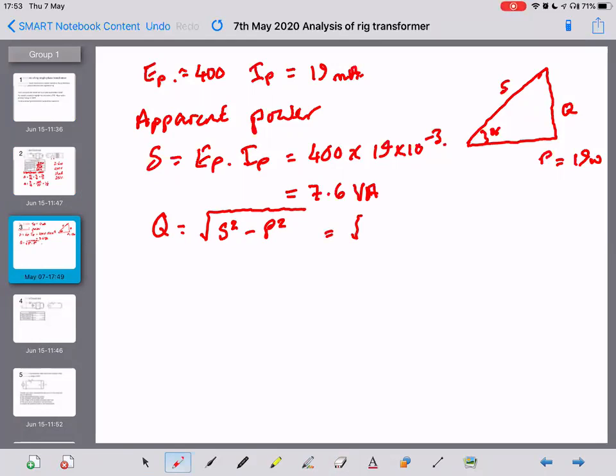Equals root 7.6 squared minus 19 squared. Oh, hang on. Hang on. How come it's not 19 watts? Is it? 19 milliamps is 2.6 watts.